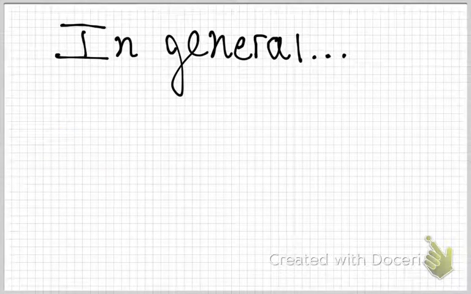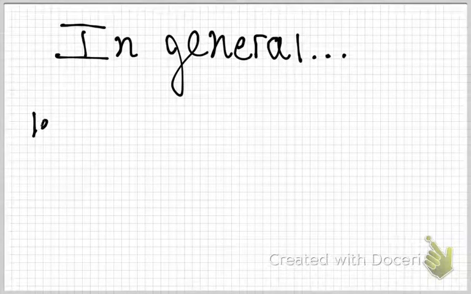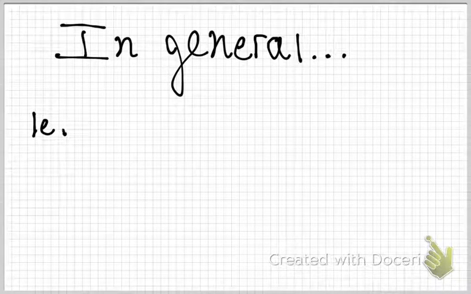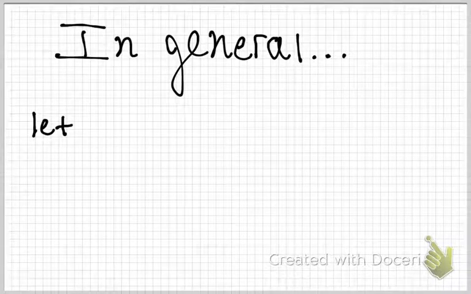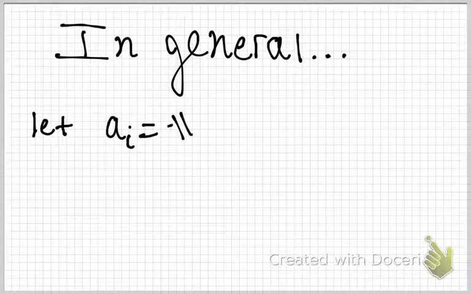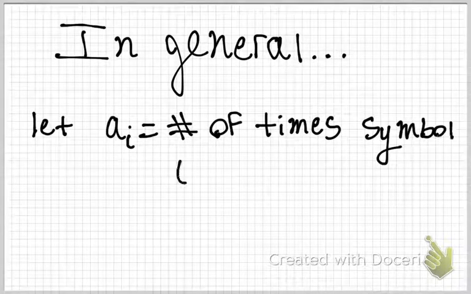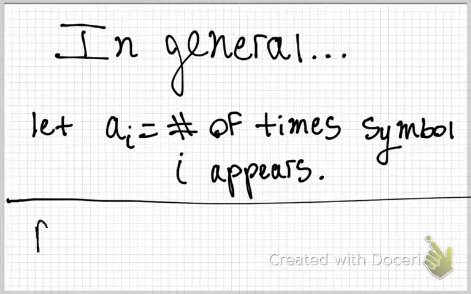So the pattern here is basically just to divide by each repeated symbol's factorial. I'll write it out formally so that I don't confuse you. Let A_i equal the number of times symbol i appears.